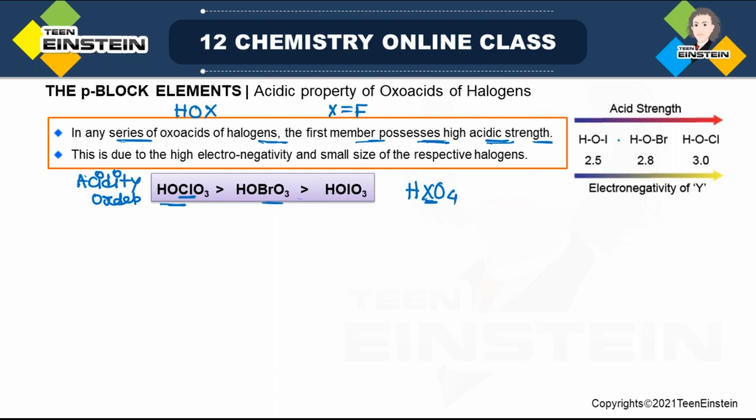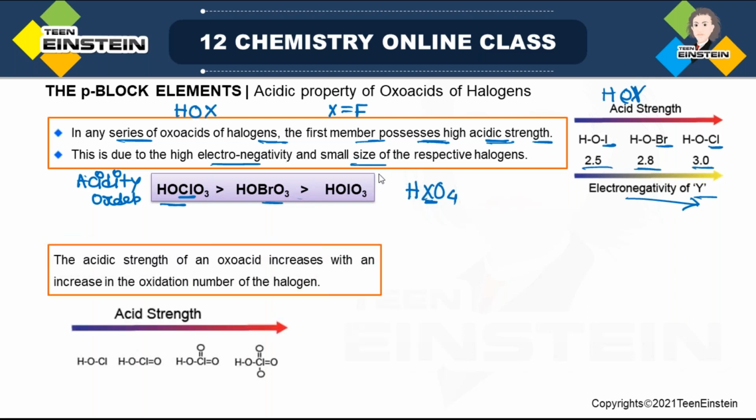Similarly, if you take another formula, HOX, and just change the halogen, I, Br, Cl: the electronegativity of chlorine is 3, bromine 2.8, iodine 2.5. So the electronegativity of X is increasing in this direction, and the acidic strength will also increase in the same direction. The reason is the high electronegativity and small size of the respective halogen.